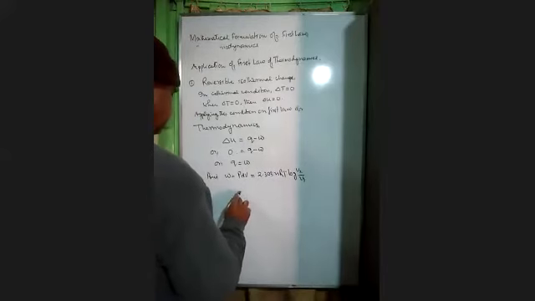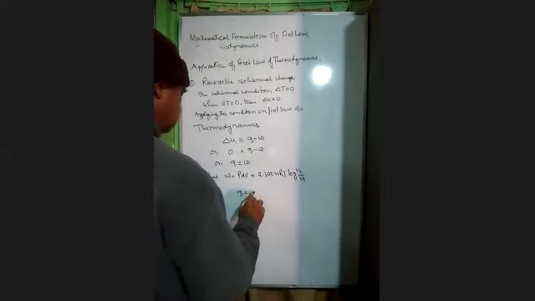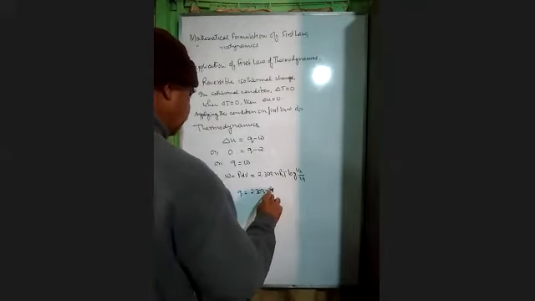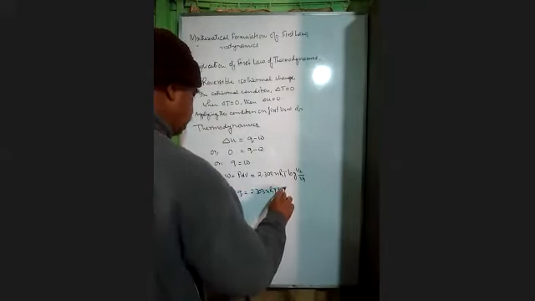So therefore Q is equal to 2.303 nRT log V2 by V1.